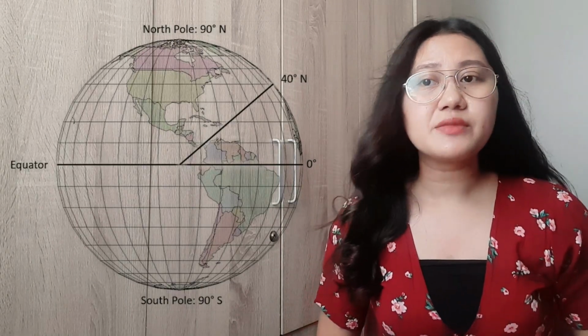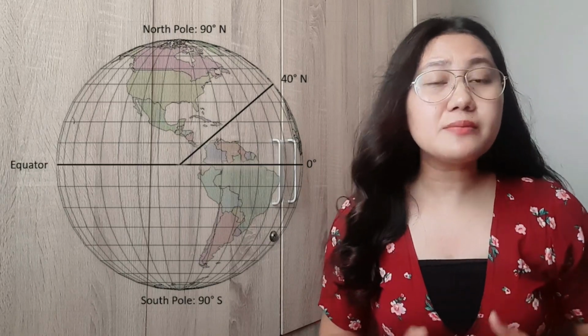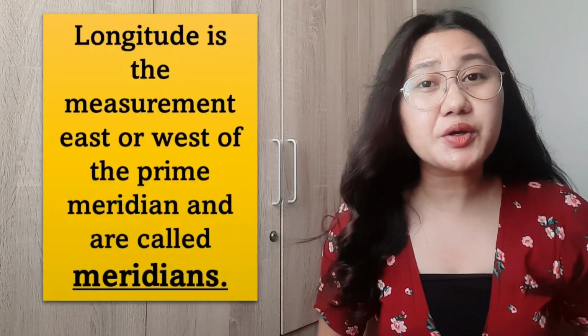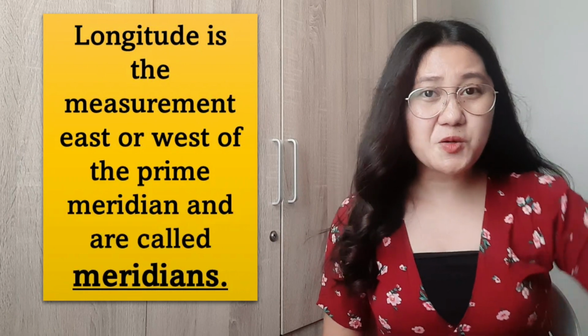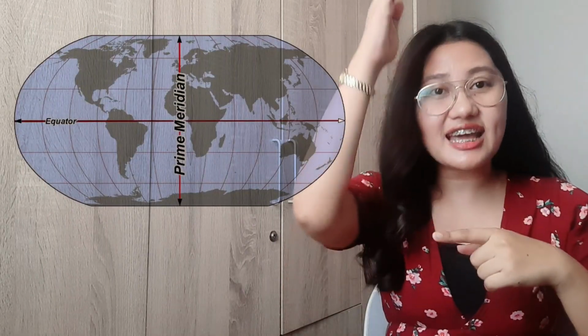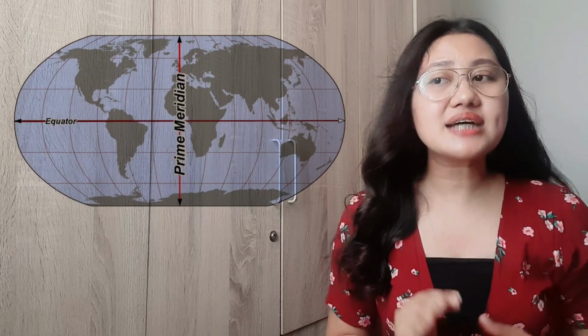So, yung prime meridian naman, prime meridian is the Earth's zero of longitude. So, yung nasa gitna, equator, at yung namang nasa gitna ng vertical naman, yan naman yung prime meridian, which, by convention, passes through Greenwich, England.